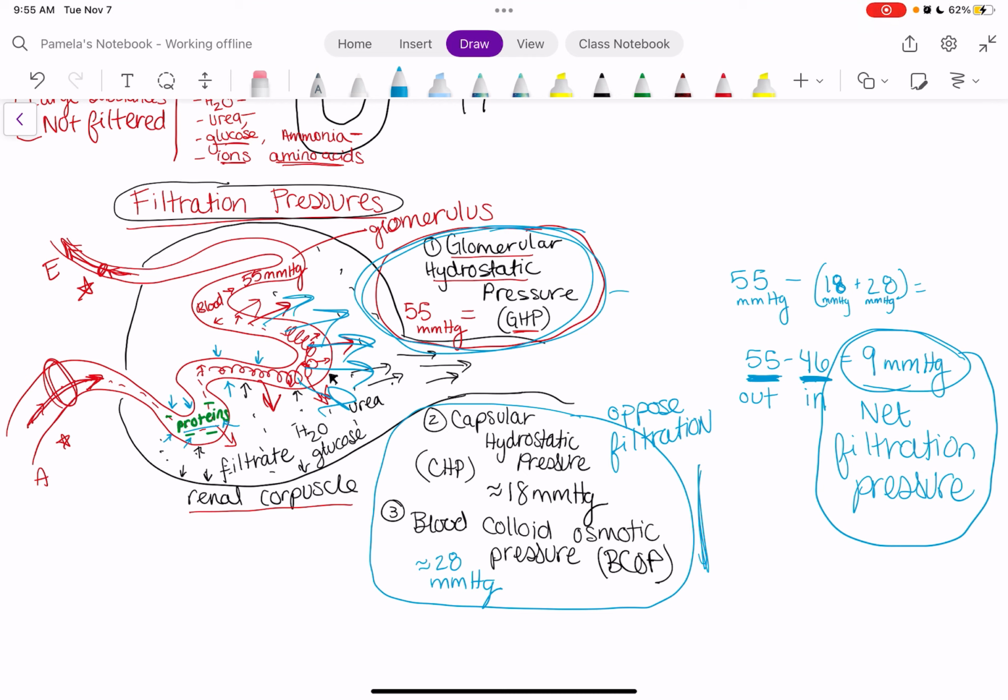Now, there are times in our body where this number can fluctuate. Let's imagine we have high blood pressure, maybe hypertension, and this 55 millimeters of mercury, this glomerular hydrostatic pressure, gets a little bit too high. Maybe with our hypertension, it's 65 or 75 or 85 millimeters of mercury. That would put our net filtration pressure up to maybe 20 or 30 millimeters of mercury.